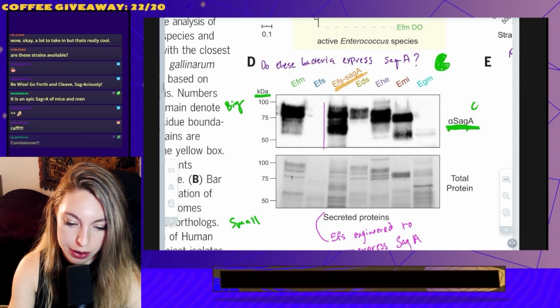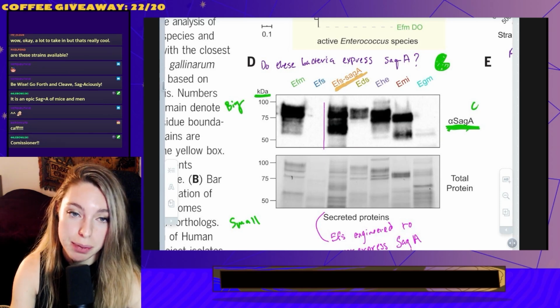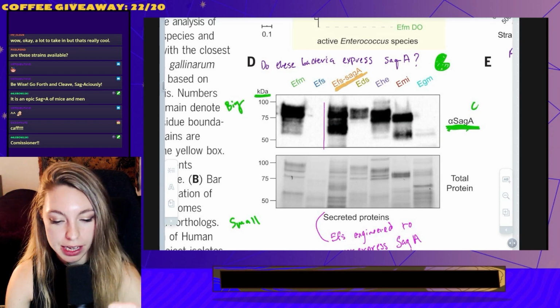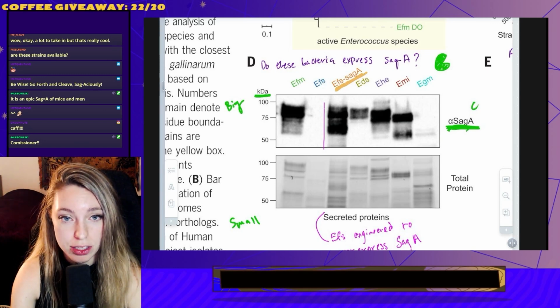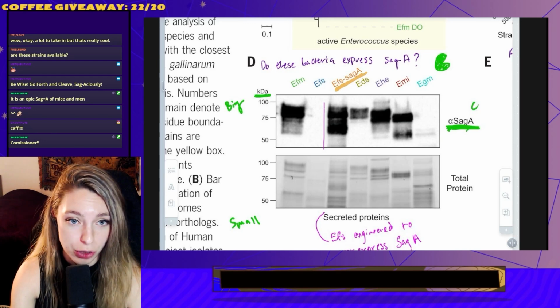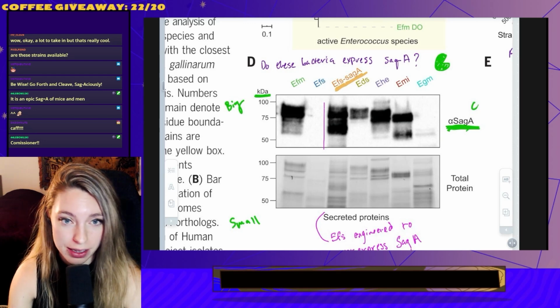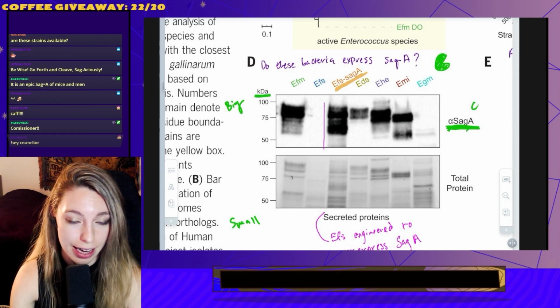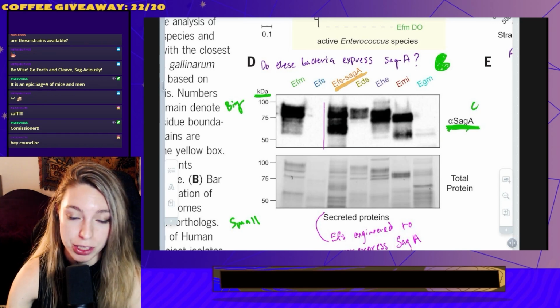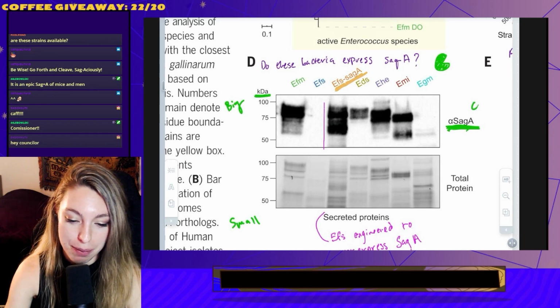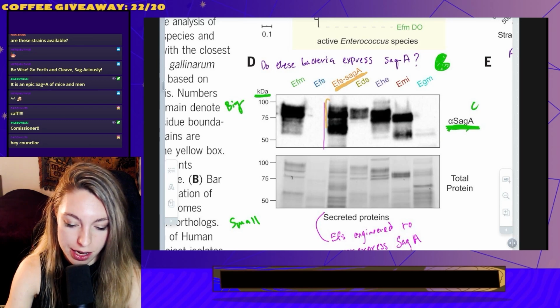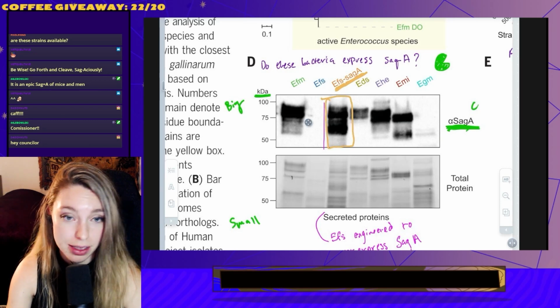And you'll see in the title, it says EFS SagA. What this means is that they basically engineered the bad bacteria to overexpress SagA artificially. Normally E. faecalis does not make SagA, but they added the SagA gene into the bacterial genome so that it would then make SagA protein. And you can see here they're confirming that indeed this bacteria makes a huge amount of SagA, which is great.